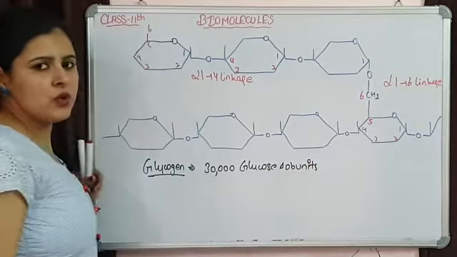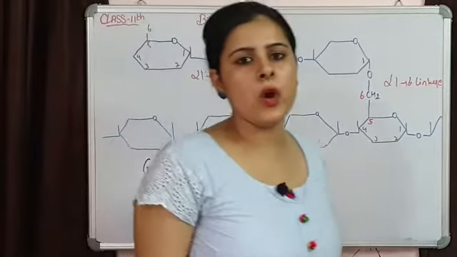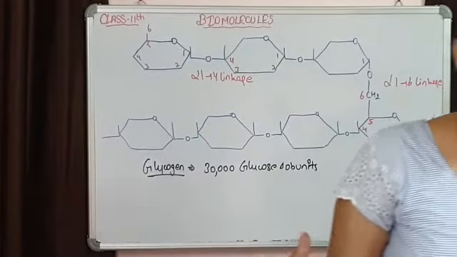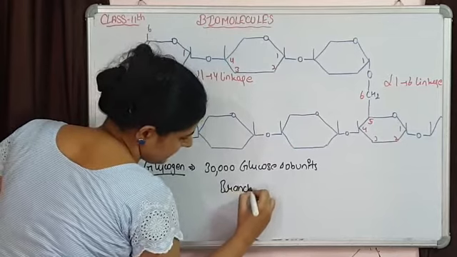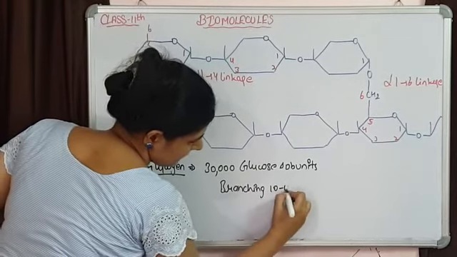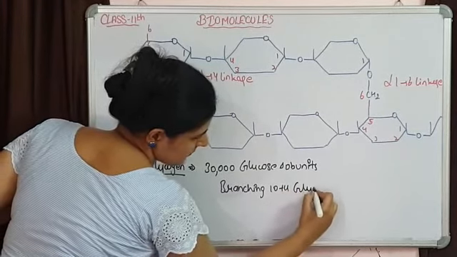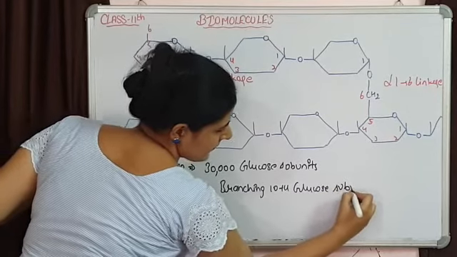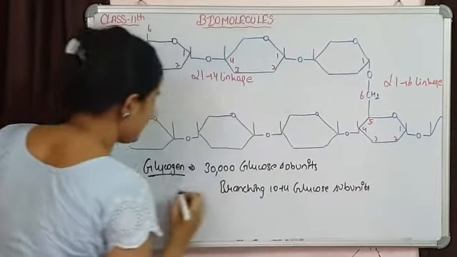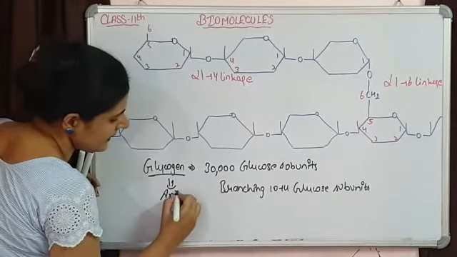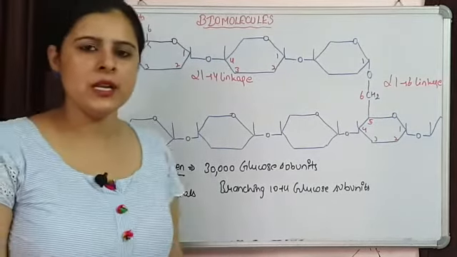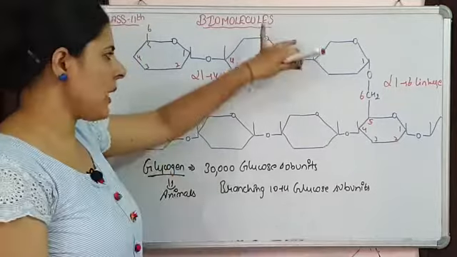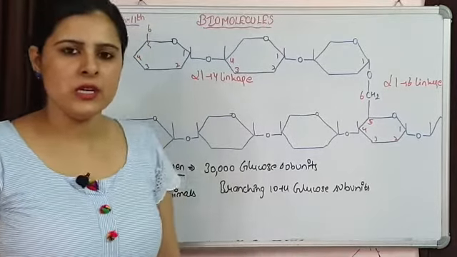And the branching is going to occur after almost 10 to 14 glucose subunits. And it is going to act as a reserved food material in animals. That's why it is also known as animal starch. But structure wise it is the same as that of the starch.